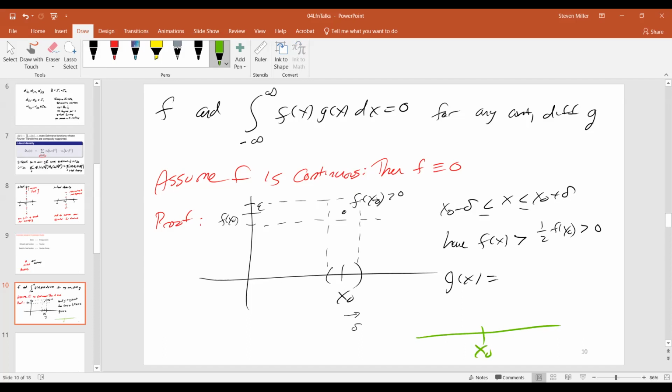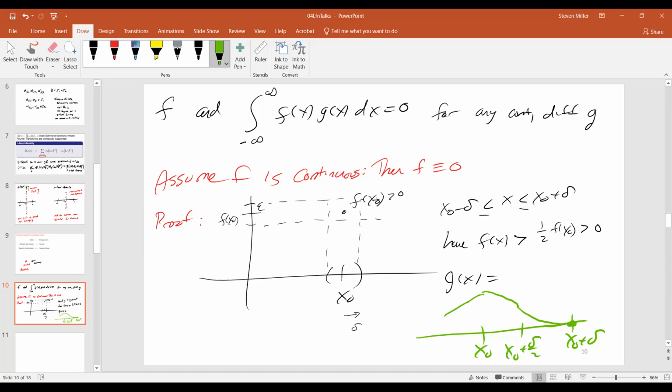If this is x_0 and this is x_0 plus delta, you could take a function which comes down nicely, something like this. It shouldn't be too bad to come up with a function that will be 0 by the time you get here and still be differentiable and decaying well enough so that you're going to be fine.